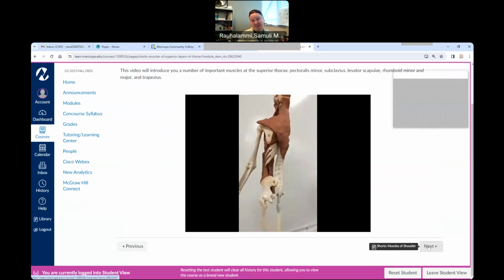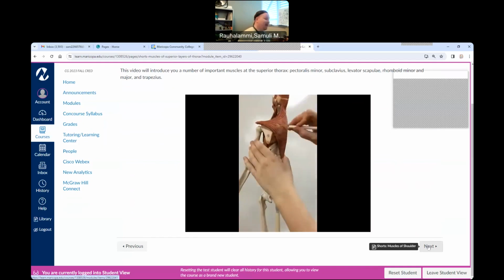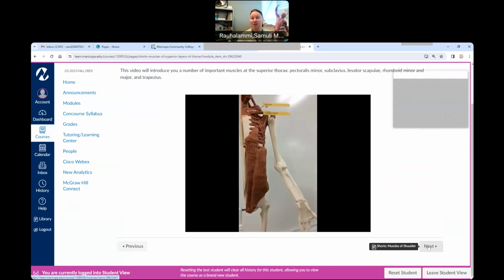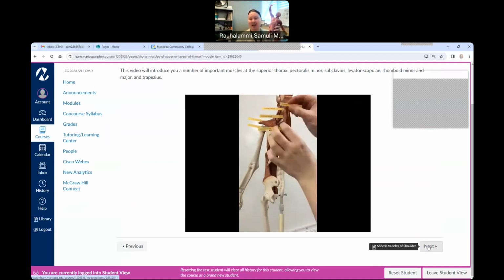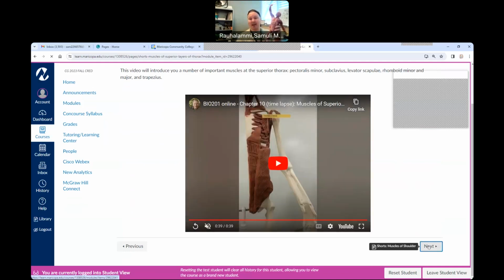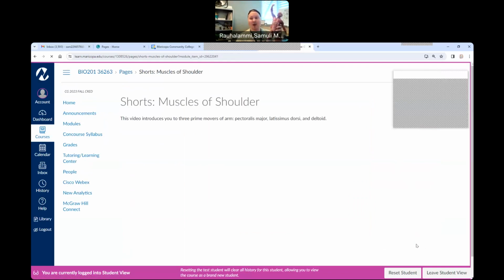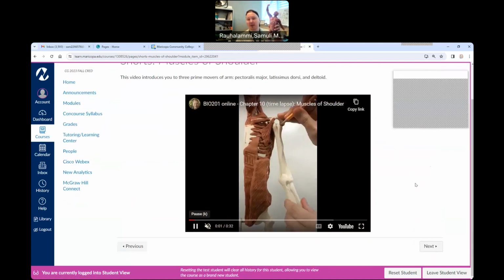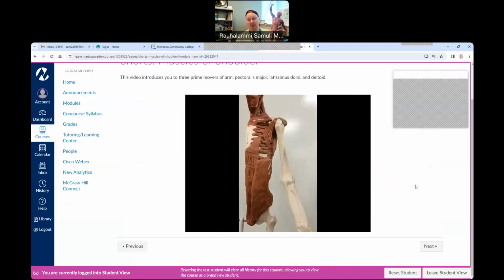So I think that's a rather nice option that you have, in addition to just having to rely on a diagram or another kind of textbook table. You find what works for you.